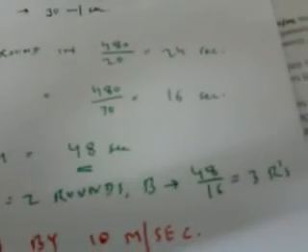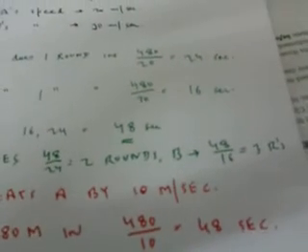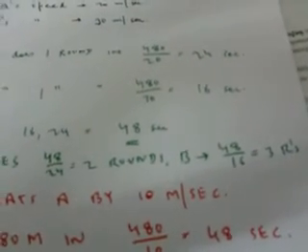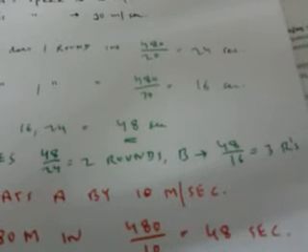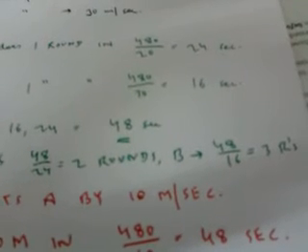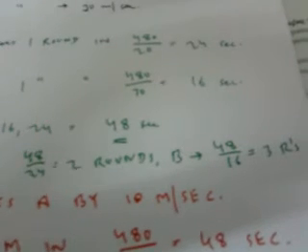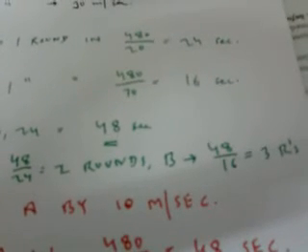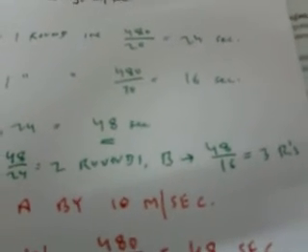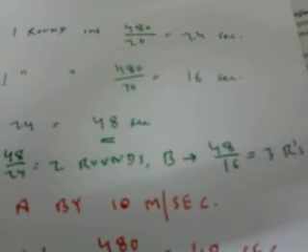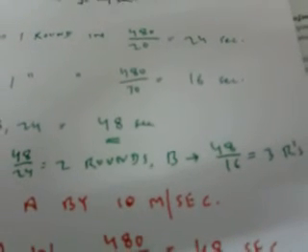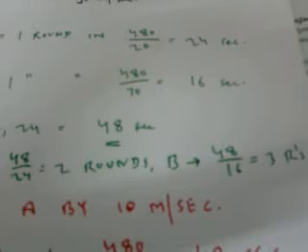The thing to note here is that A and B will meet for the first time at any point where the faster runner B would have done 1 round extra than the slower runner A. If you have seen Grand Prix races or F1 races, you will find that the faster cars overtake the slower cars by laps when they do exactly 1 more lap than any other slower car.